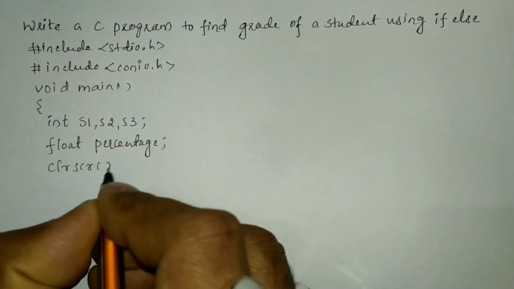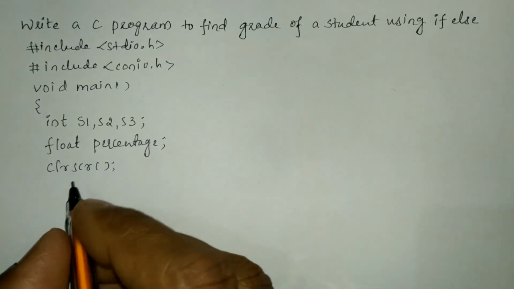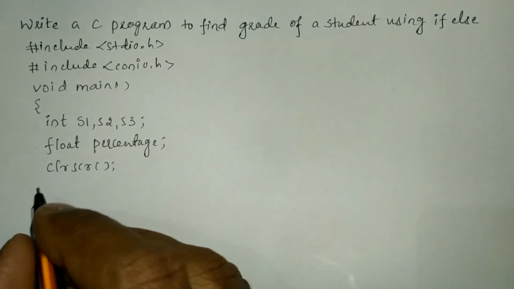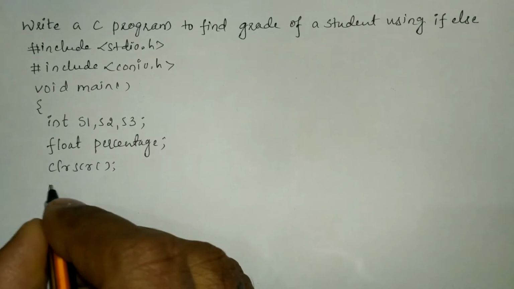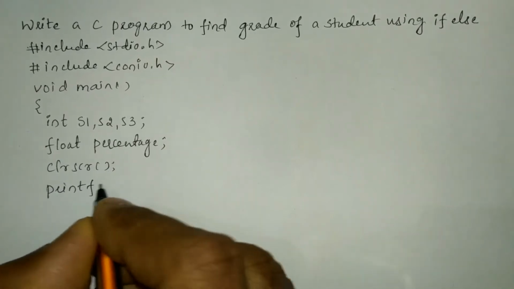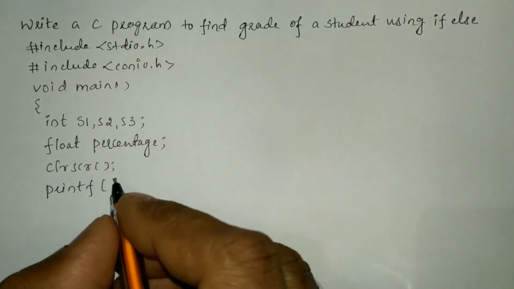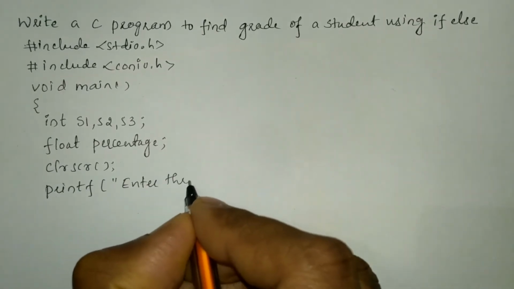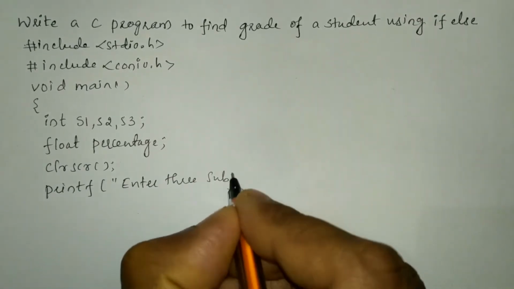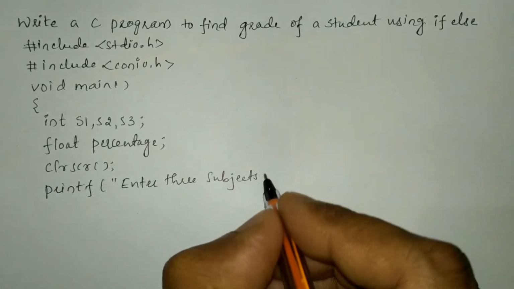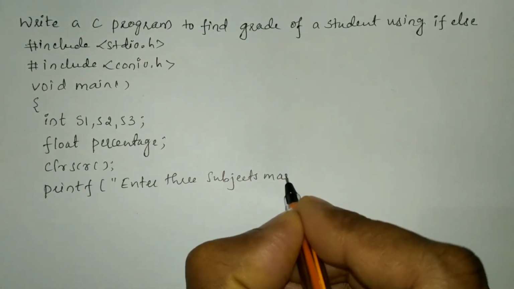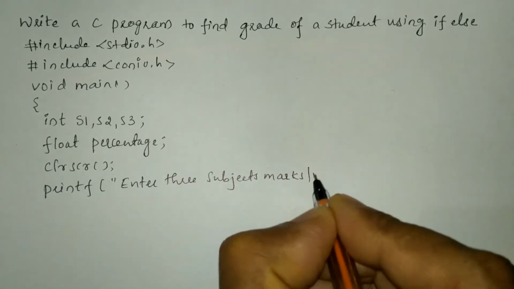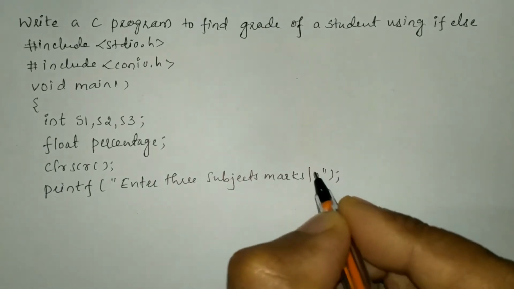The clrscr function is used to clear the screen. Now I'm going to ask the user to enter 3 subject marks in the printf function. So in printf I'm going to type "Enter 3 subjects marks \n" with the double quotation mark and semicolon.